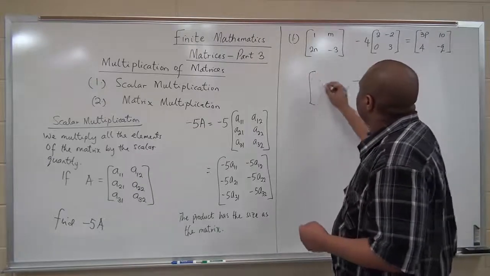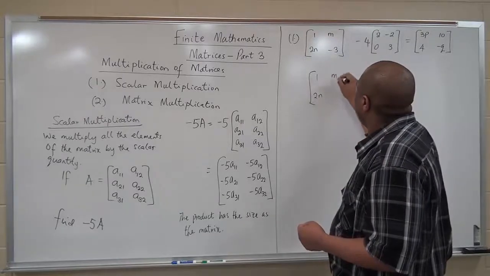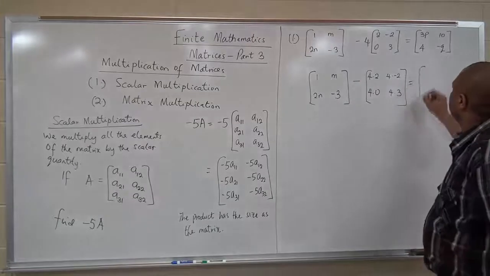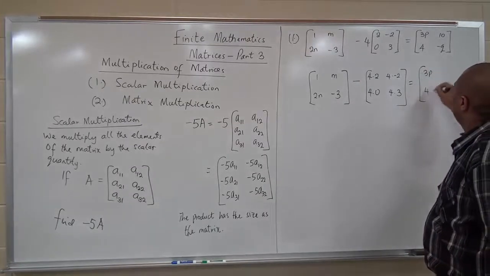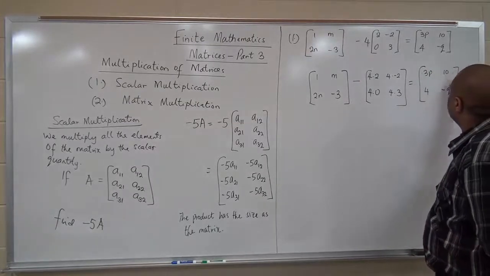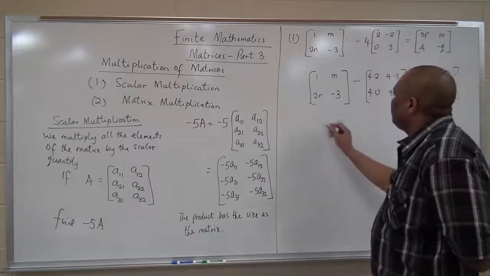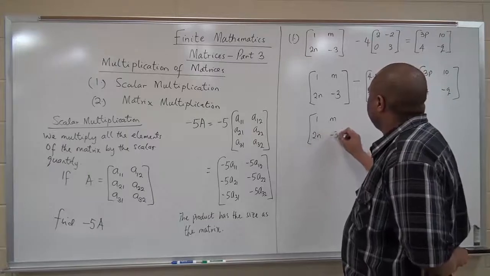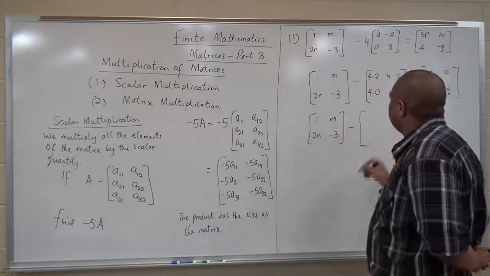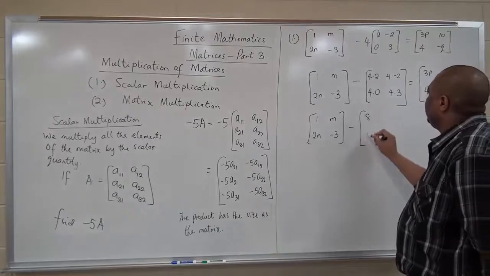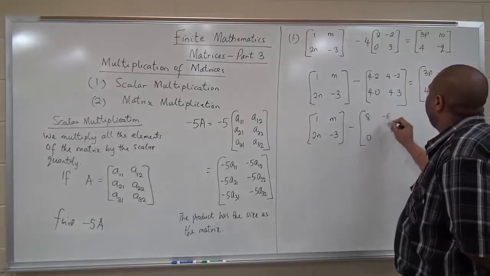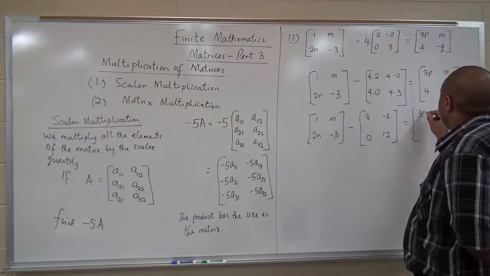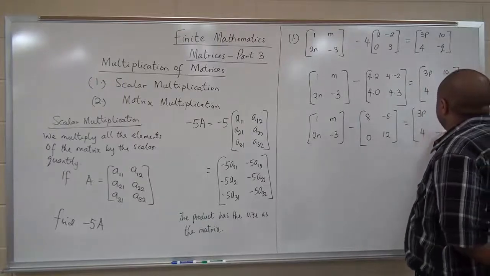So we have the matrix 1, 2n, m, negative 3, minus the matrix 8, 0, negative 8, 12, equal to 3p, 4, 10, negative q.